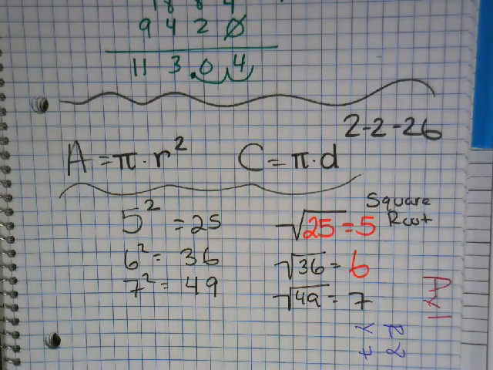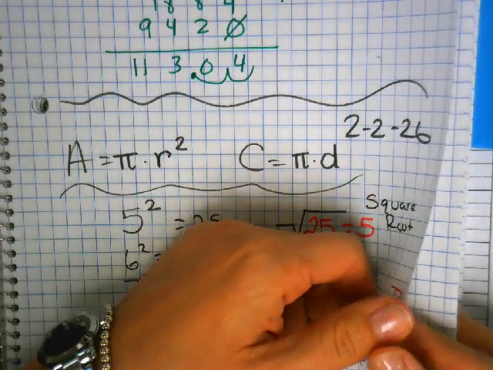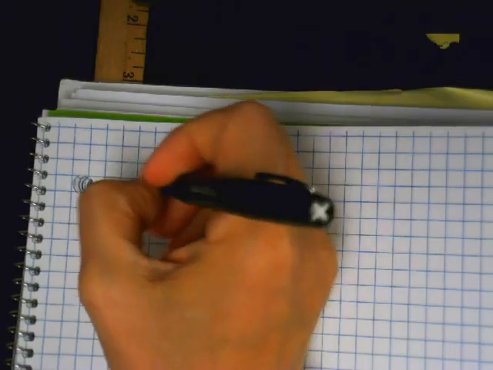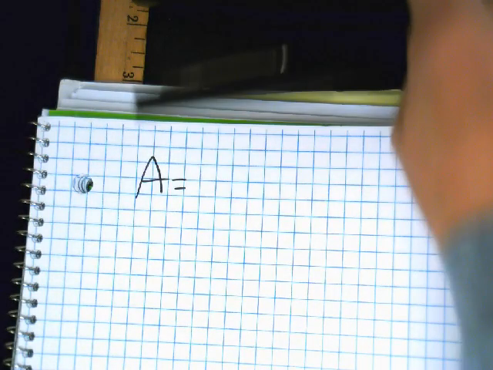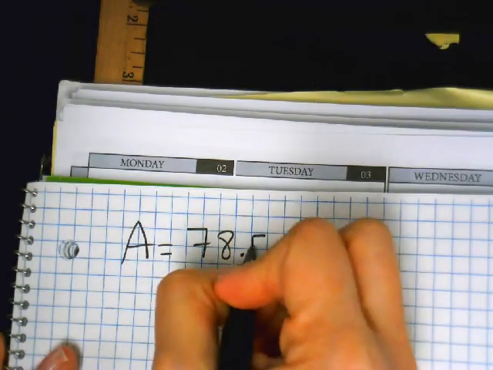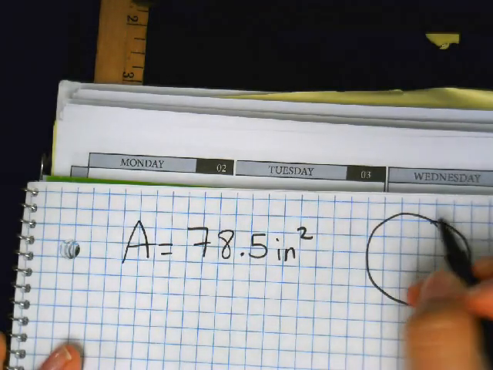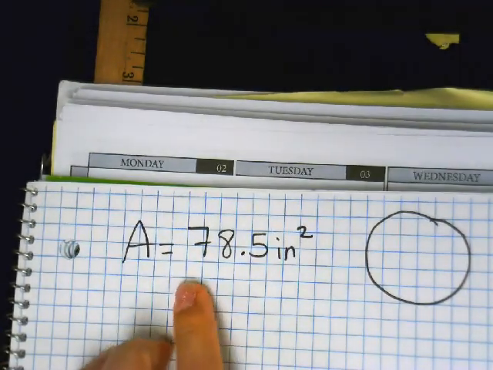Why do we need this? For example, if I tell you that the area of a circle is 78.5.